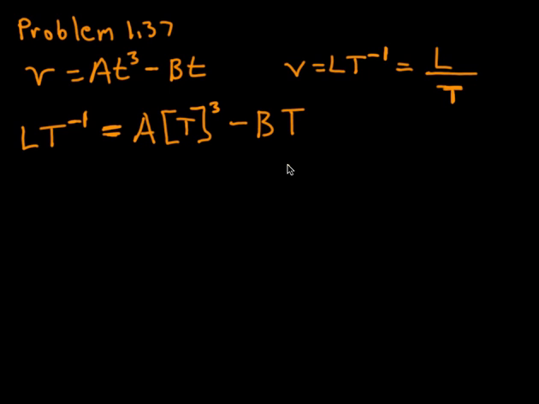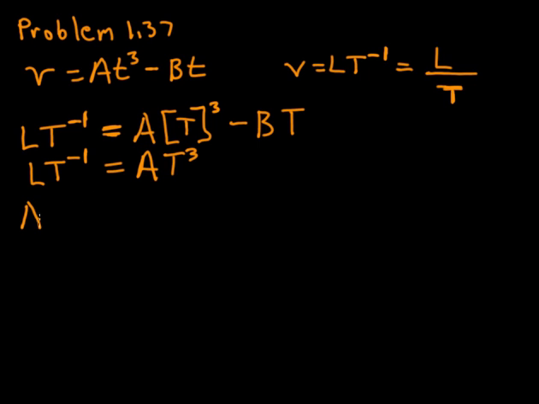Also, because of how addition works, and you can add and subtract from both sides, each term in an addition has to be dimensionally consistent. So we can break this down into two parts. We can say that the first term has to have dimensions equal to L T minus 1. So we can do it term by term.